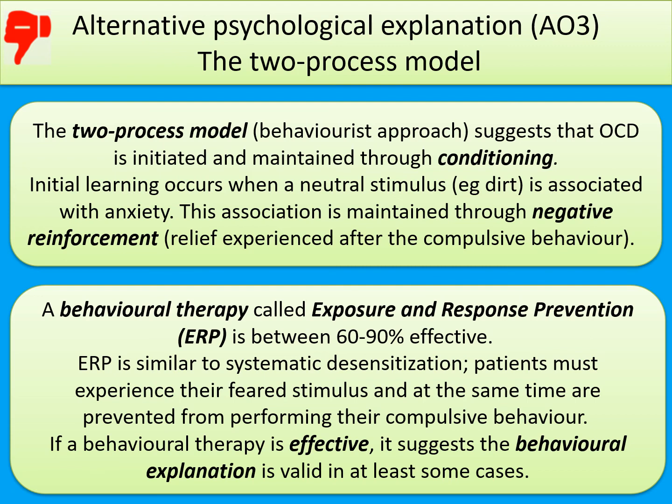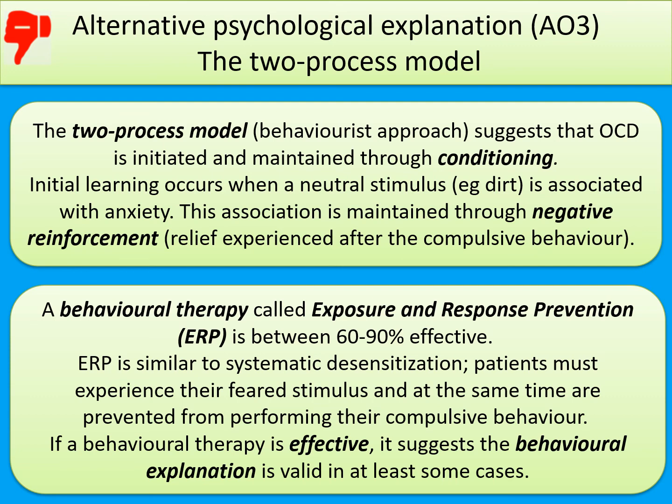And evidence for that model is the fact that there is a behaviourist therapy called exposure and response prevention, which is very similar to systematic desensitization, where basically you have to experience the thing that you are anxious about, but you're prevented from doing your compulsion, and that's kind of built up.